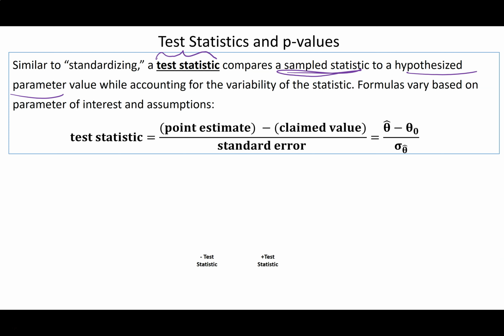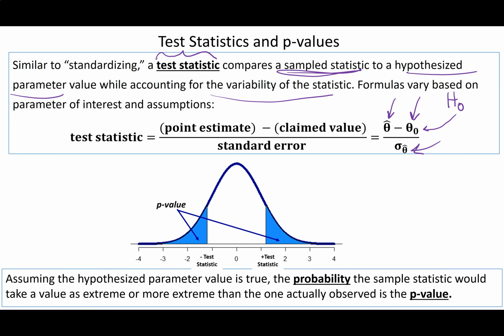So what we saw in the sample minus what's claimed, over some amount of variability for that test statistic. You remember from the null hypothesis, it had a 0. Well, that's that null value, so that's the claimed value, over the standard deviation for that test statistic.